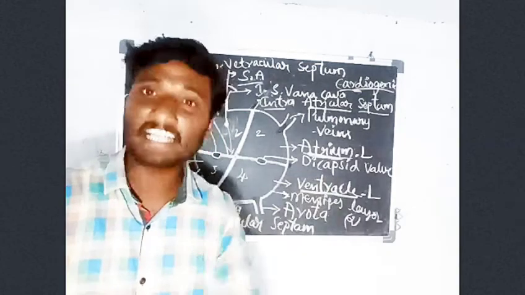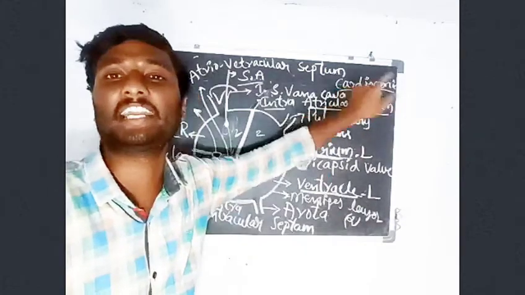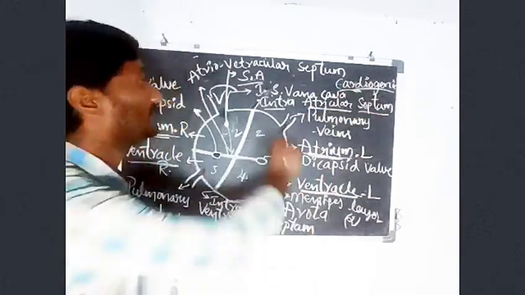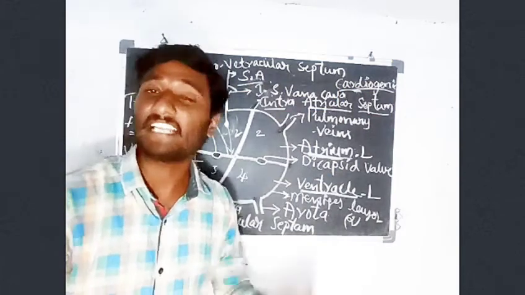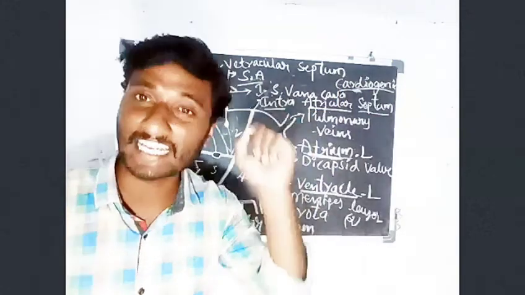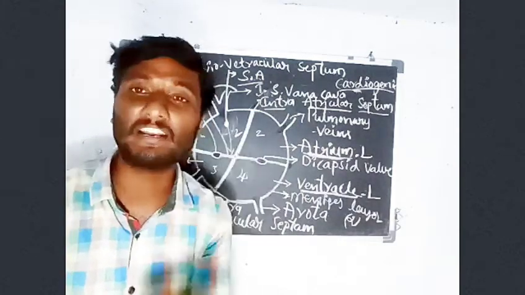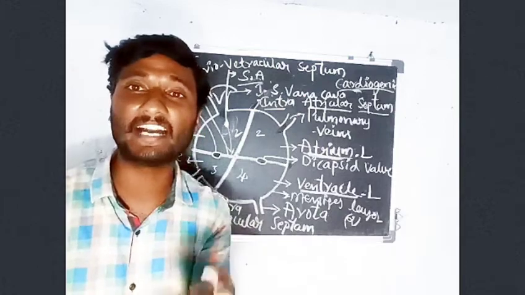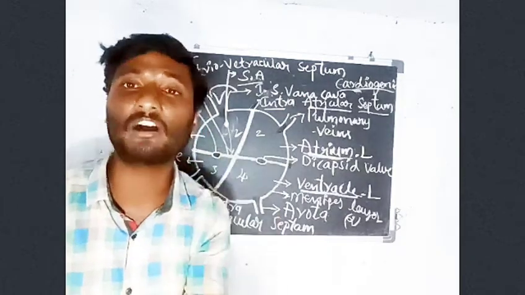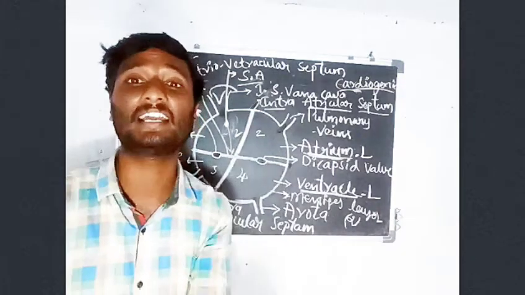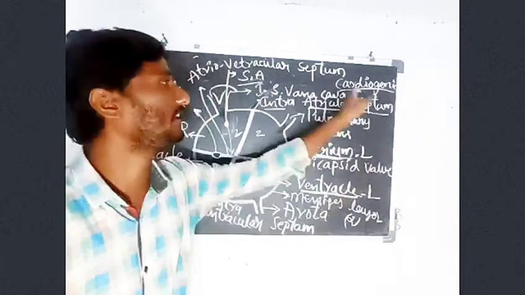The heart controls itself. That's why we call it cardiogenic. How is it possible? With the help of the SA node. The SA node generates electric waves, and electric waves are nothing but the heartbeat. With the help of electric waves, we carry out the heartbeat process. The SA node generates those electric waves. That's why we call it a cardiogenic heart.